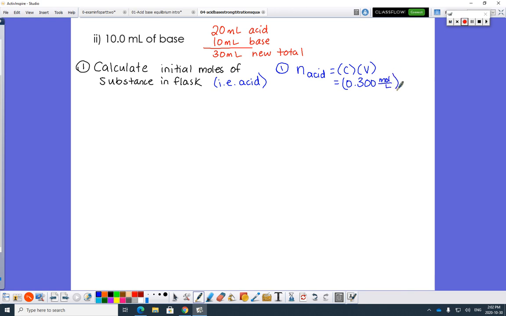This time, there is no volume on the other side to counteract the conversion, so you have to change volume into liters.